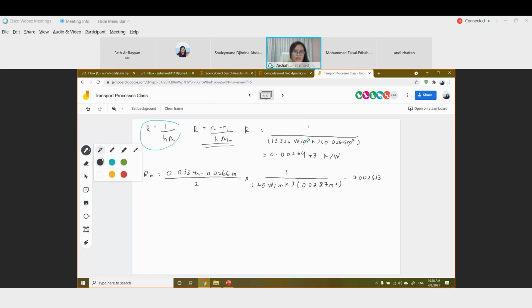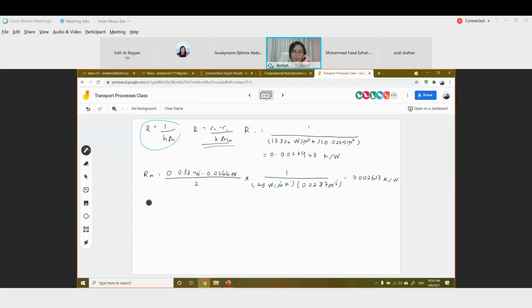Crossing out the meters, we get K over W. This makes sense because both are resistances, so they should have the same dimensions.